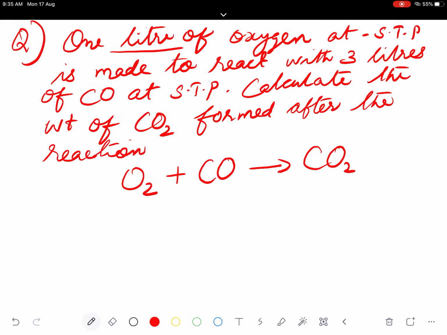For balancing, here 2 oxygens, here 1 oxygen, here 2 oxygens. If you write this number 2 over here, left hand side altogether is 3, right hand side 2. So what do we do? Make it into the next even number, and check by trial and error method.